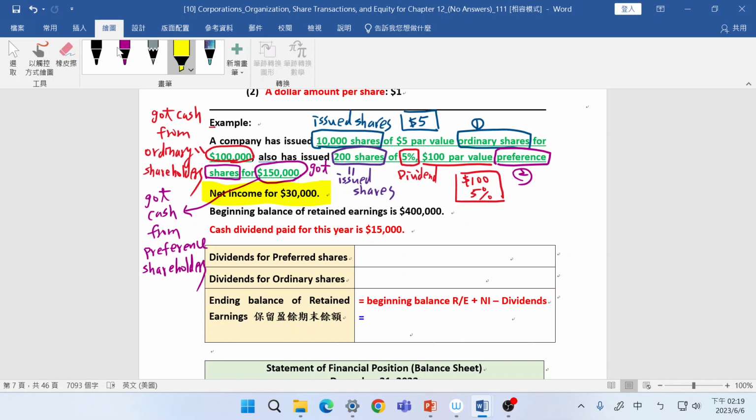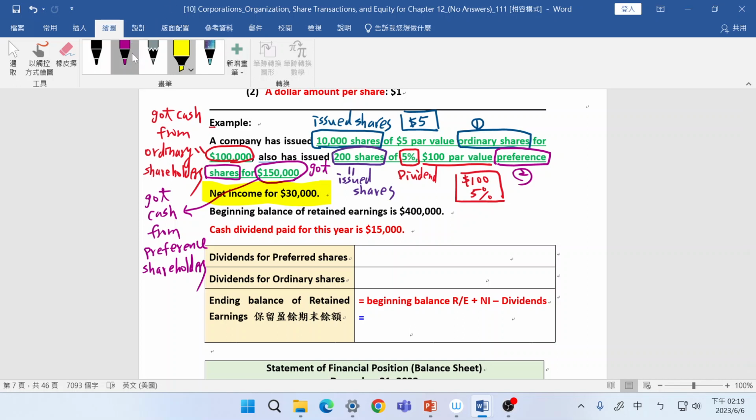Also, remember when we are going to prepare the balance sheet, what's the number we are going to report on the balance sheet? Ending balance, right? So you should know beginning balance plus net income minus dividends gives you the ending balance for your retained earnings, right?